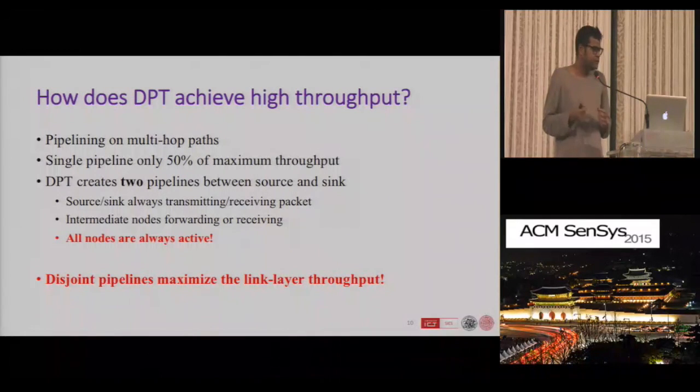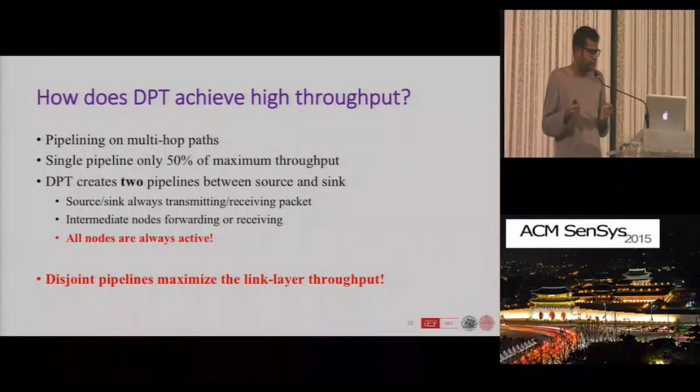So the first question is, how does the DPT protocol achieve high throughput? Our protocol uses pipelining to achieve high throughput, like the other bulk forwarding protocols that also use pipelining. However, if we only have a single pipeline, it can only achieve 50% of the maximum throughput that is supported. In this regard, the DPT creates two pipelines between the source and the sink node.